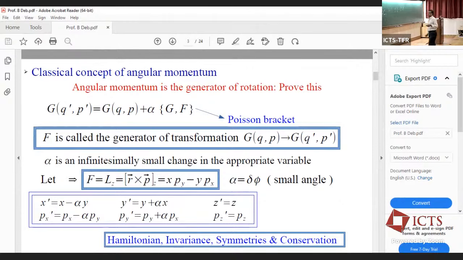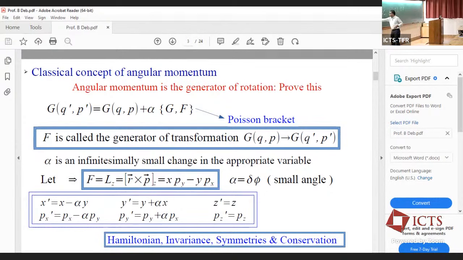And how does it generalize in quantum mechanics? If you consider F as, in this case, the z angular momentum, Lz, then one can easily show, in a very elementary calculation, that this F is the generator of rotation. This rotation matrix is the same rotation matrix here.